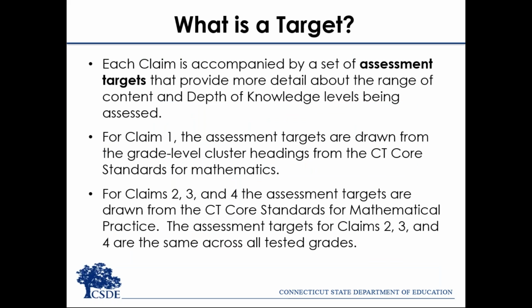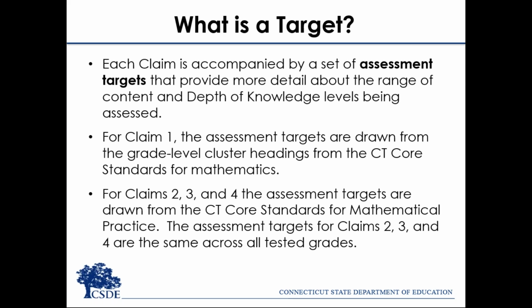Each claim has a set of assessment targets that give more detail about what is being assessed. For Claim 1, the assessment targets are drawn specifically from the grade level cluster headings. So these are not a secret. You can look either at the blueprint or at the standards and see exactly what the Claim 1 assessment targets are.